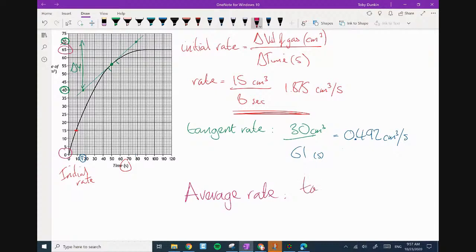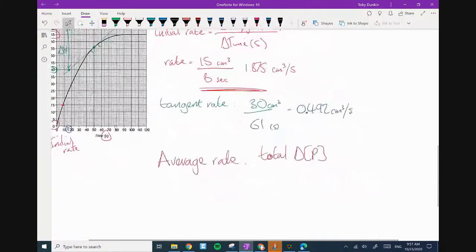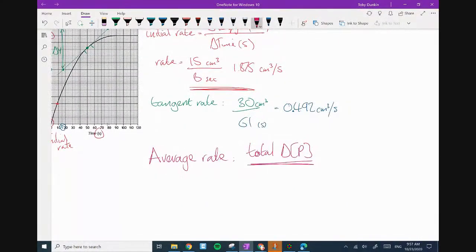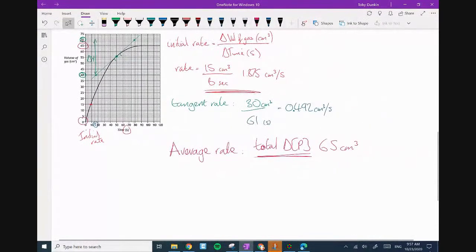So average is total change in product. In this case, change in concentration of product. In this case, 65 centimeters cubed of gas. And then over the total change in time until stopped.